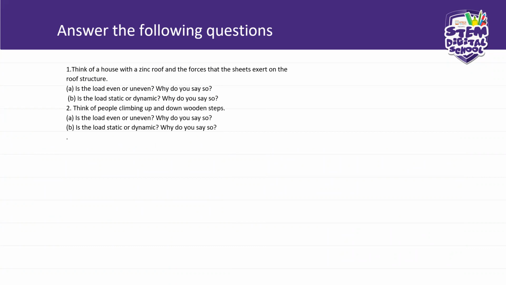Now, let us see the application of these forces. Think of a house with a zinc roof and the forces that the sheets exert on the roof structure. Okay? Is the load even or uneven?